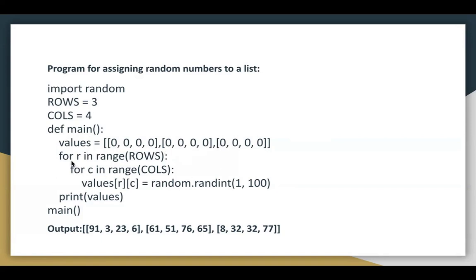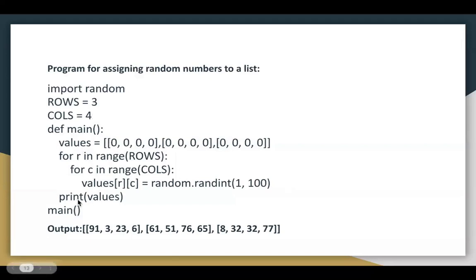And here we are using a nested for loop. Nested for loop means a for loop in a for loop. See here, for r in range of rows, and for c in range of columns. So the c value will be 4, and this for loop will repeat 4 times. After this for loop is completed, it will move to the first for loop, which will continue 3 times.